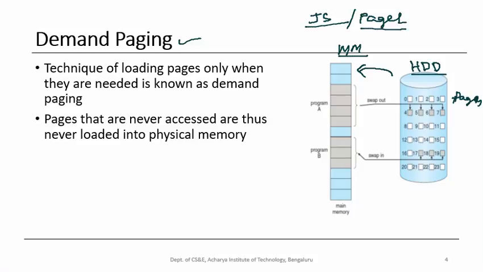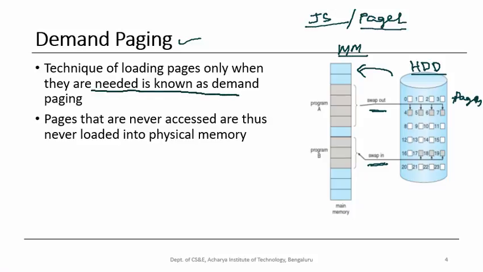It is like swapping the pages into the main memory, and when those pages are not required or when the process is done executing, they are swapped out. Now the concept of demand paging says that the pager will guess what minimum number of pages of a process are required to run the process, and only those pages are brought into the main memory initially, and the other pages are brought in only when they are needed.